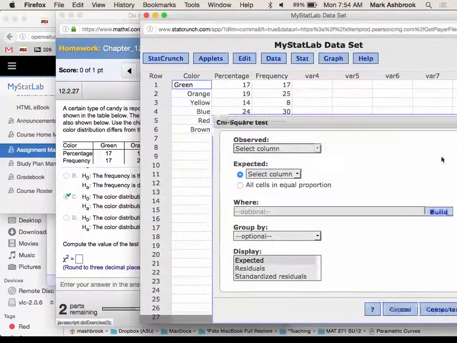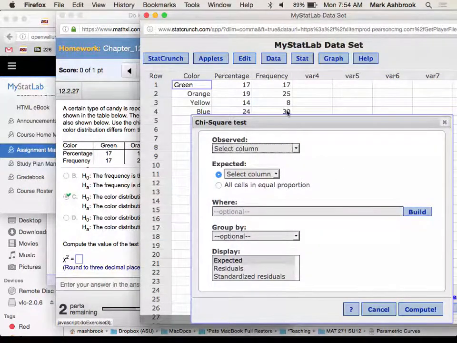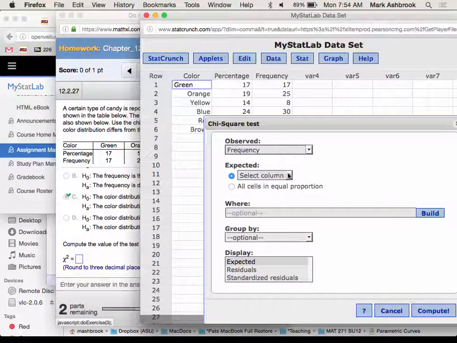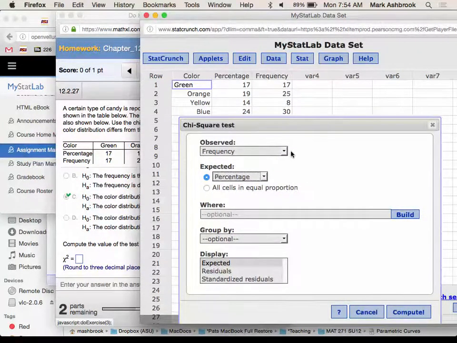The observed was frequency, and the expected was percentage. And we do not want this. We have different percentages for each. I think it knows automatically if it's frequency or percent and compensates for that. If these numbers don't add up to 100, then it knows it's not percent, and it automatically takes care of it for you.